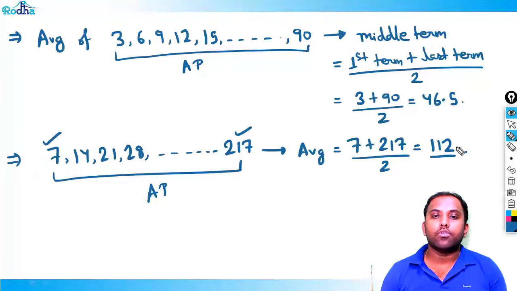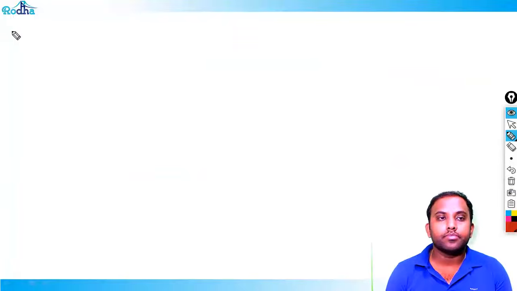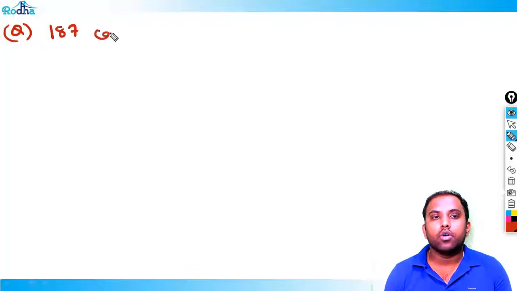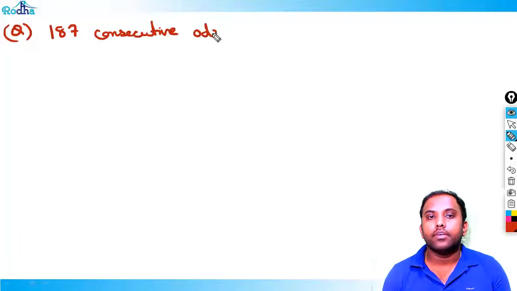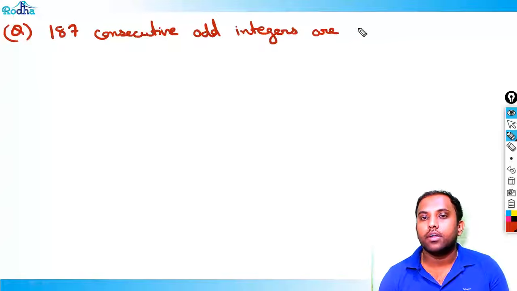Now let's do a good question on this concept. The question is: 187 consecutive odd integers are written in ascending order.